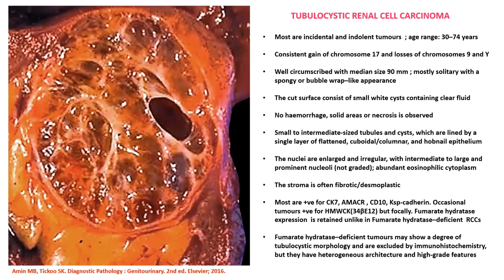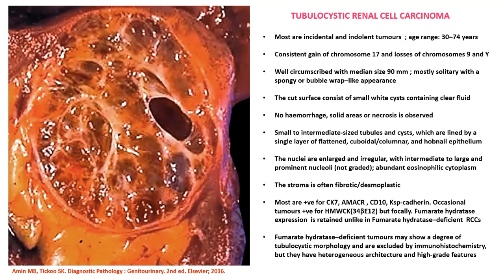Histologically, you will just get multiple variably sized tubules and cysts, which are lined by cuboidal to hobnailed epithelium. And the cells will have prominent nucleoli. By definition, they have prominent nucleoli, hence they are not really graded, because nucleolar size is the basis by which we grade RCCs. The cells have abundant eosinophilic cytoplasm.